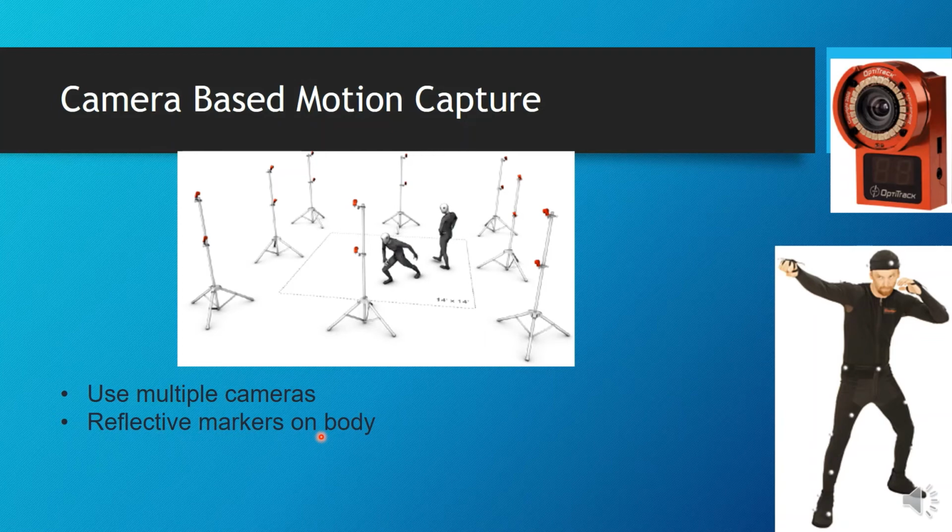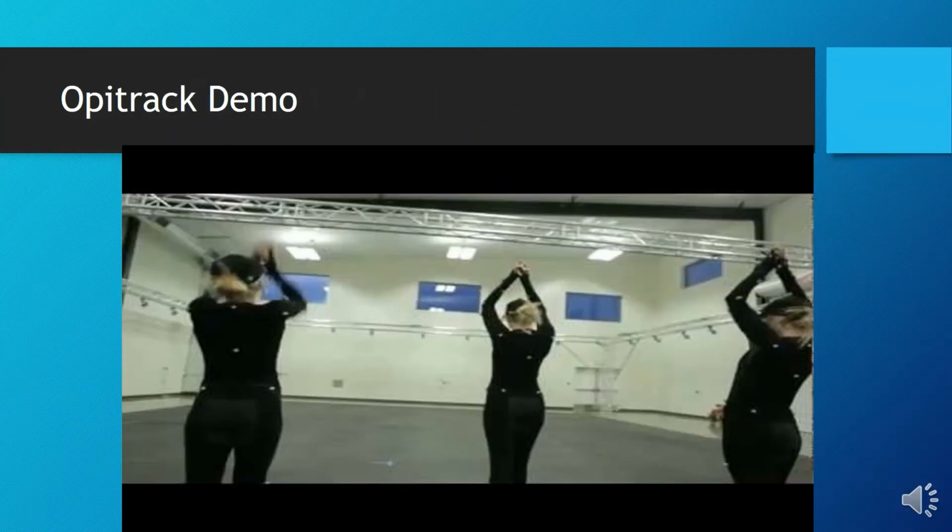To capture the body tracking, this bodysuit has reflective markers that reflect onto the cameras. All of these dots represent the reflective markers. And this is an example of the OptiTrack demo, basically a motion capture session.